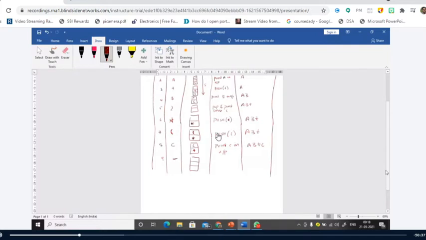Since the stack is not empty, nothing to compare. Why? Because the top element is open parenthesis. So there is no need to compare the priority of the open parenthesis with the incoming operator priority. So whenever you come across this situation, you just push that element onto the stack. So the action I have performed here is push of minus, and the output remains as it is, AB plus C.